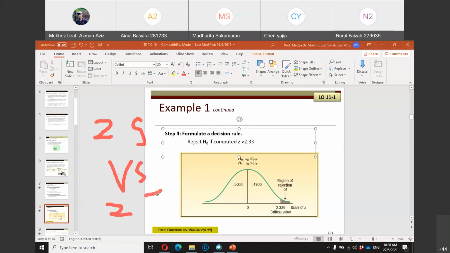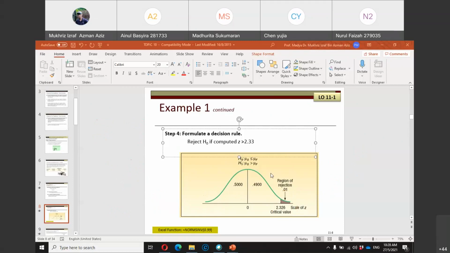Two tail means you are looking at two sides of the tail in the distribution, meaning the sign of your H1 will be not equal to. But two sample hypothesis testing means you are comparing between two different populations, male and female. So if you are clear on this, there should be no problem.